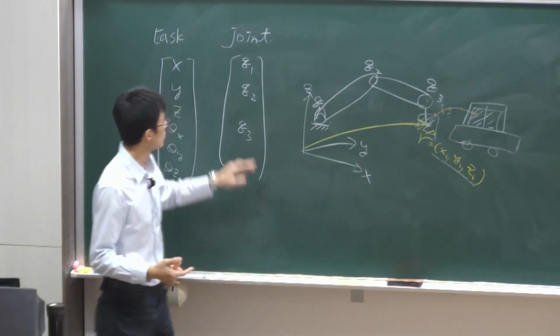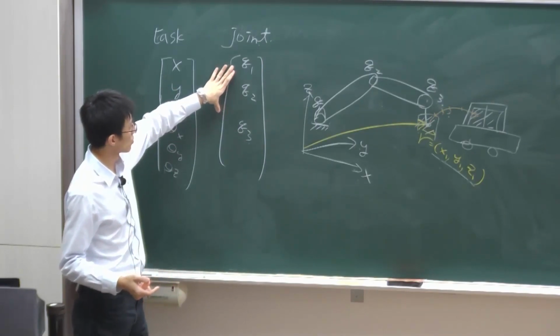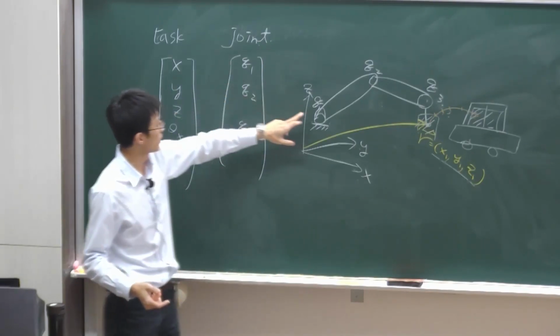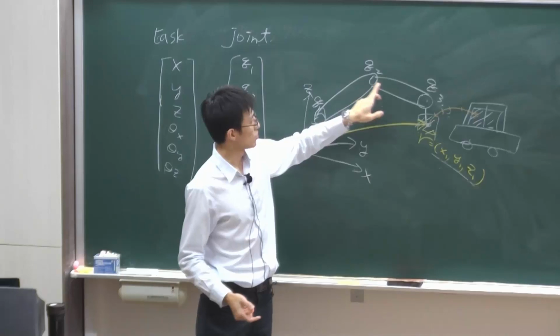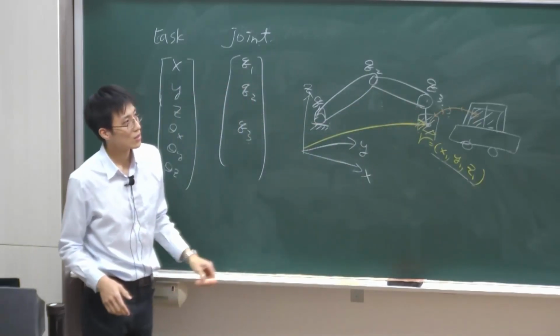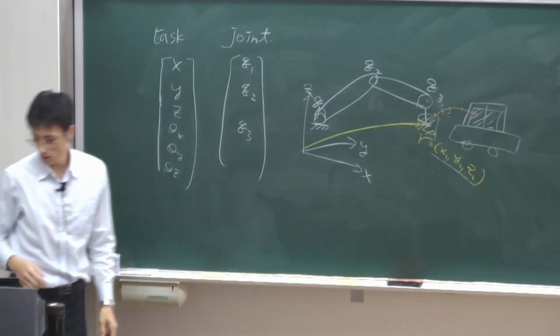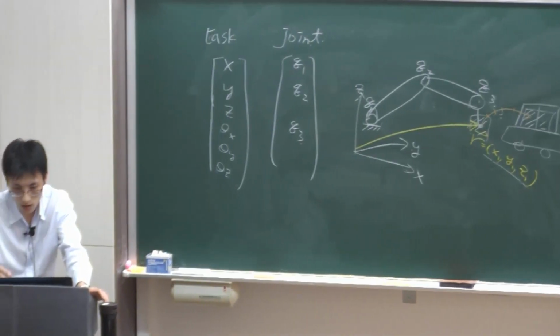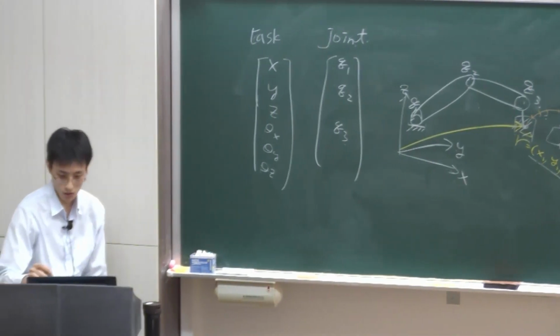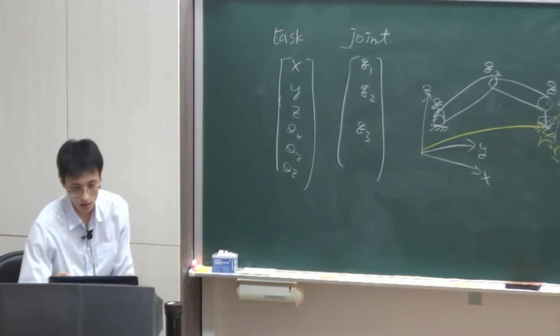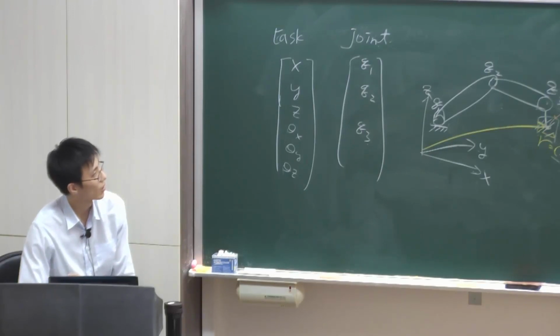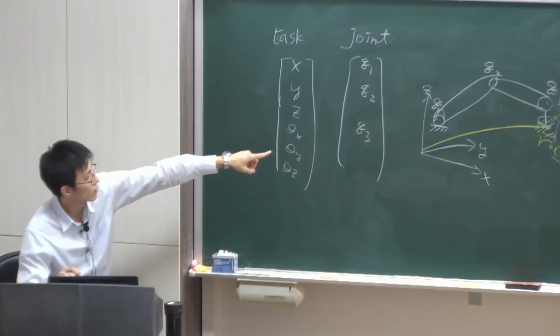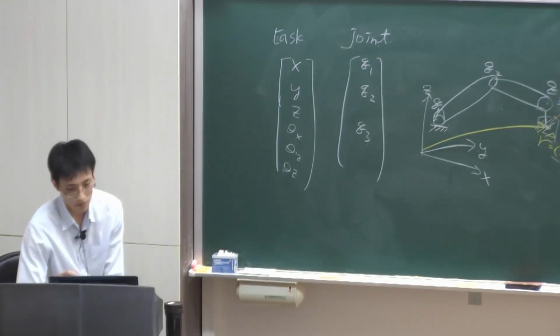But for robots, usually what you control is the joint. So that's in joint space. What's the angle of this joint, and this joint? So the dynamics is in joint space, right? You design the controller as torque to a system that controls the angle of each joint.